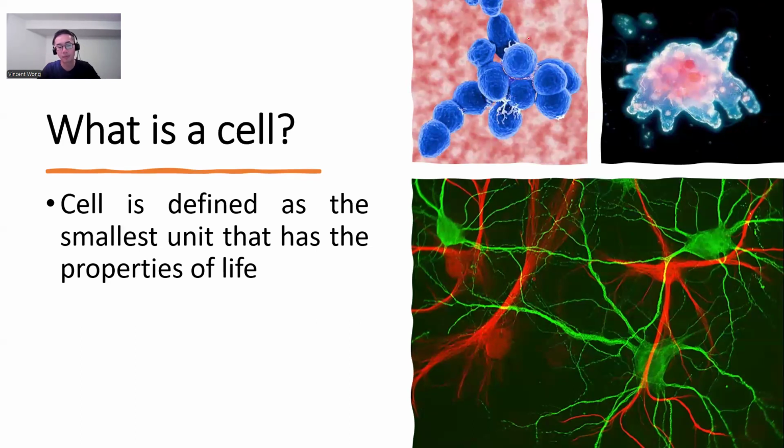You might have heard of them before. They can cause things like strep throat. This over here is an amoeba, which is found in fresh water. Sometimes they can make their way into swimming pools, and they could cause people to become ill.